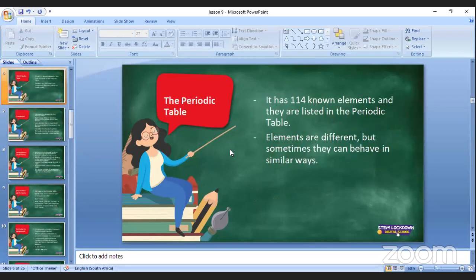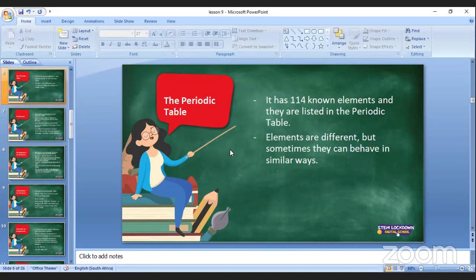Let us look at the periodic table again, grade 9s. Remember that chemistry is made up of the periodic table. All our reactions are from the periodic table. All the elements are found in the periodic table. It has 114 known elements, listed there in the periodic table.